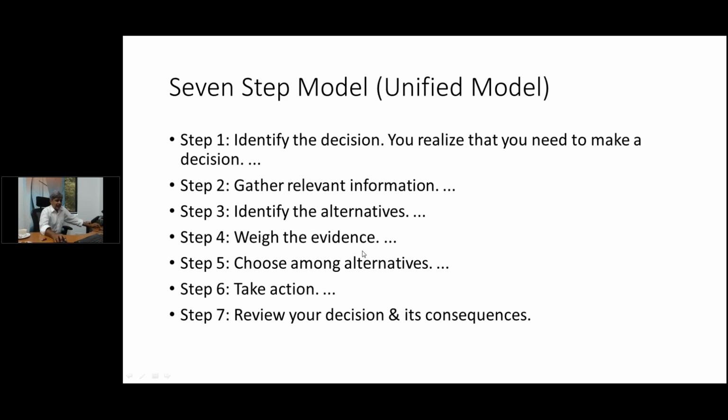Once we have done that, we choose among the alternatives, then we implement that decision, and then we review our decision on the basis of the experience that we have after action has been taken.